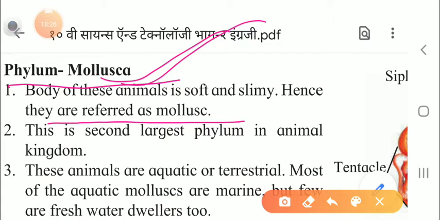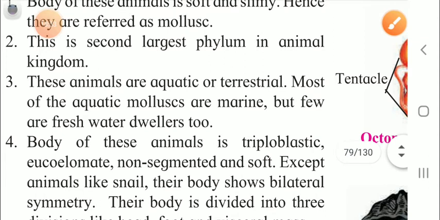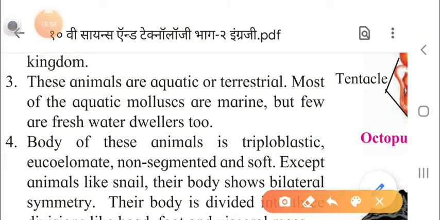Now the third point you can see here, children, is that these animals are aquatic. Aquatic means they live in the water, or sometimes they are terrestrial. Terrestrial means living on the land, that means their dwelling place is land. Most of the aquatic animals are called aquatic mollusks.